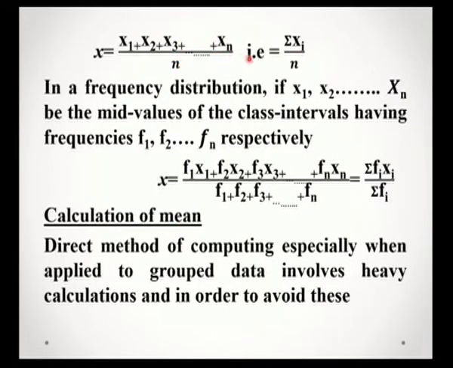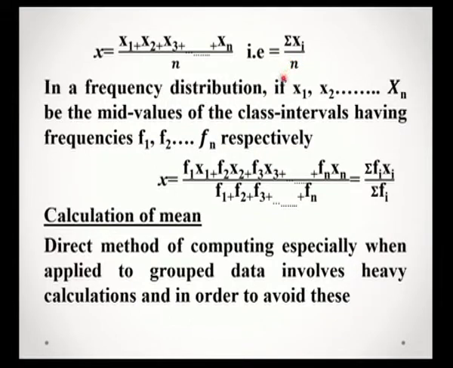This can be symbolically written as summation of xi, where i can take values between 1 to n, and n is the total number of samples. So this is how you can find the mean of a sample.